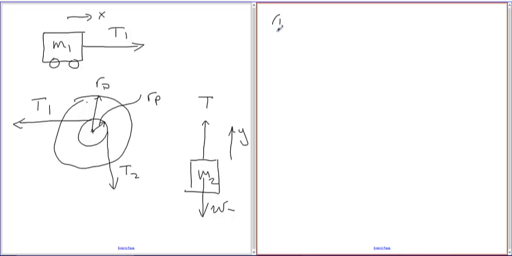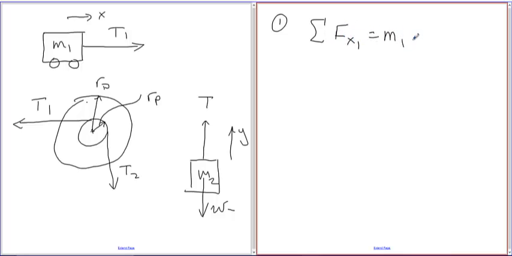Okay, so let's look at object one. We don't really worry about what's happening in the y direction because there's no friction. If this were a block that was being dragged, we'd also have to do the y direction. In our case, we don't have to worry about that. All that tells us is the weight is equal to the normal force. But like I said, the friction is negligible. So we have the sum of the forces in the x direction for object one.